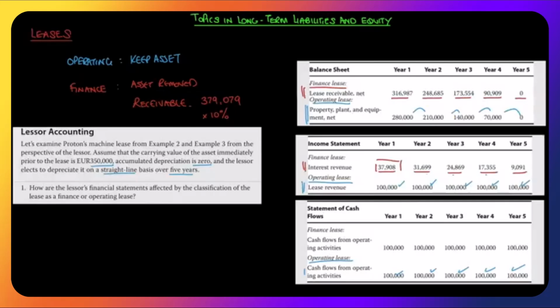And again, you can track that each year. So not too much to say about lessor accounting, but you do need to know the difference between the operating treatment and the finance. It revolves around whether we de-recognize the asset and replace it with a receivable, or simply have a stream of lease revenue.